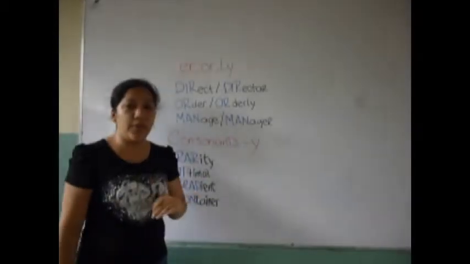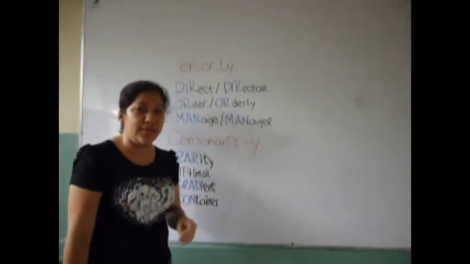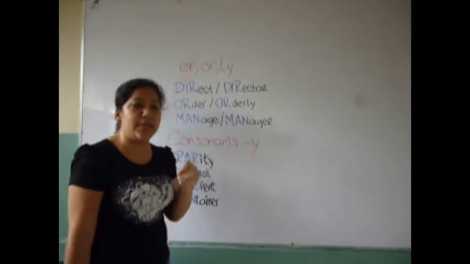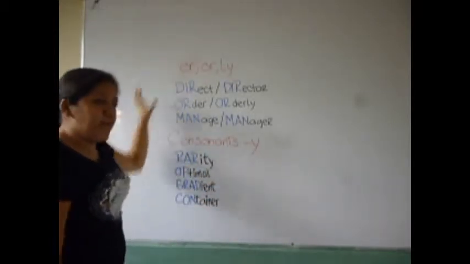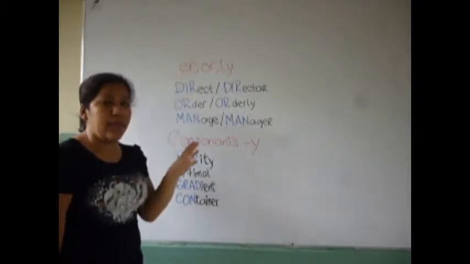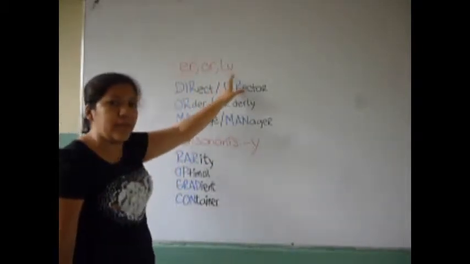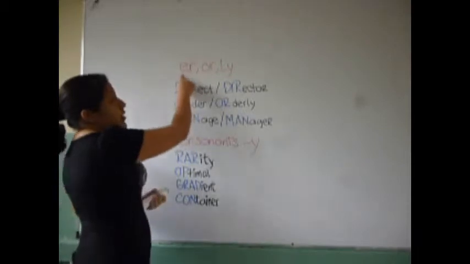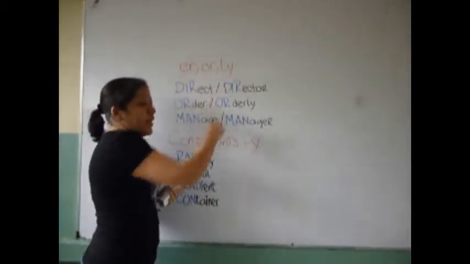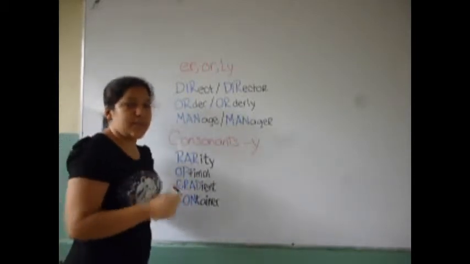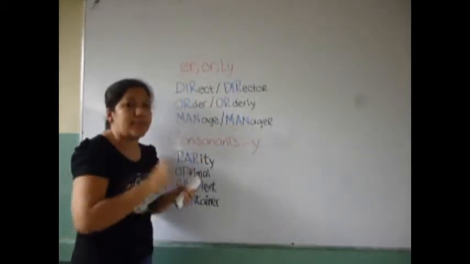In 3-syllable words, the stress is determined by the prefix or the suffix that is in the words. For example, for the suffix that is the last syllable of the word, we have those that end in ER, OR, LY. The stress is placed on the first syllable.